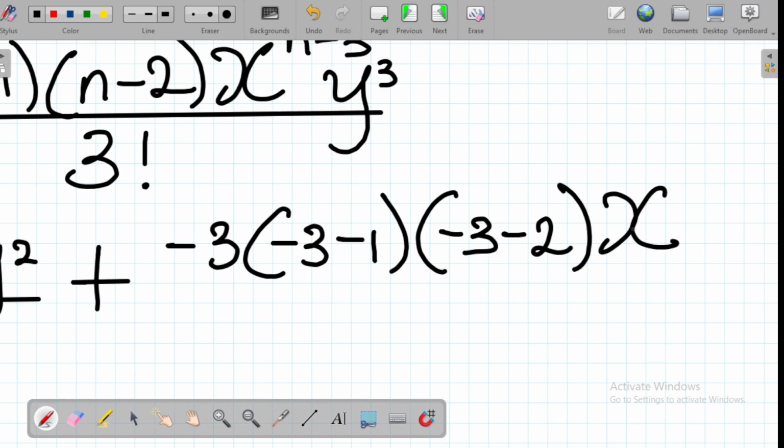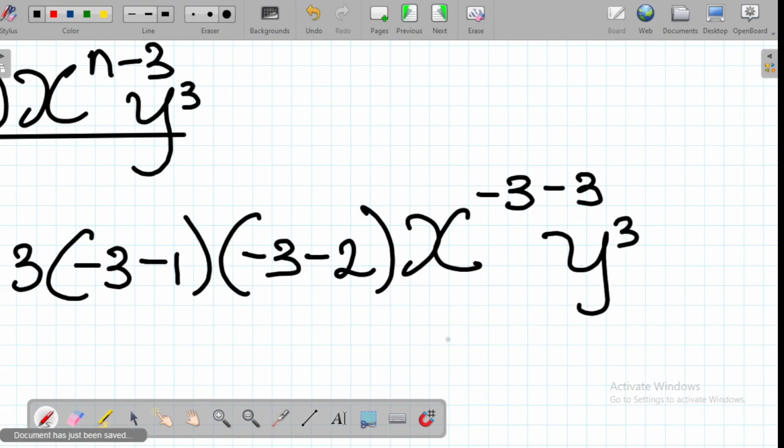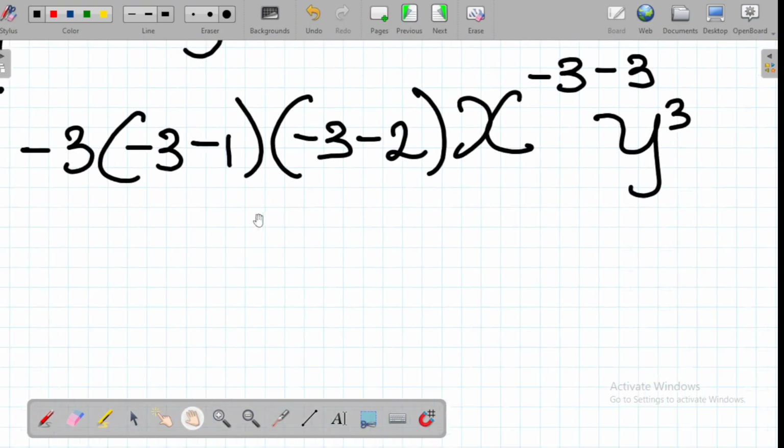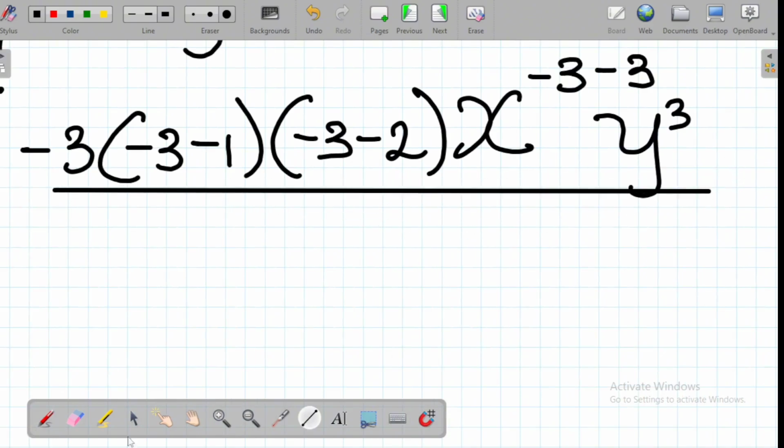Attach x raised to power negative 3 minus 3 and then y raised to power 3. All over 3 factorial.